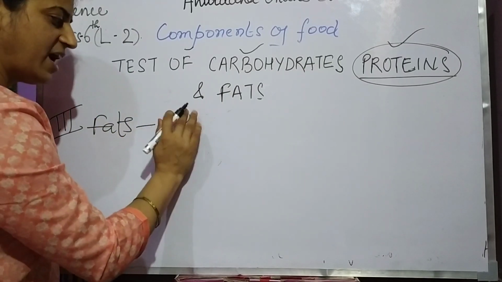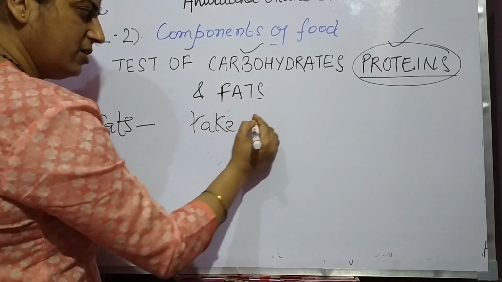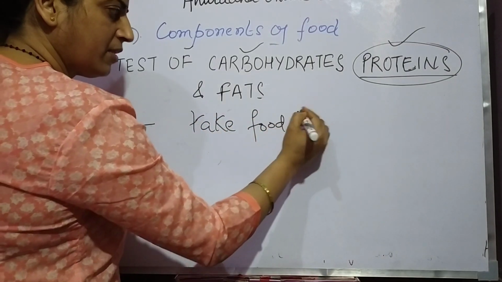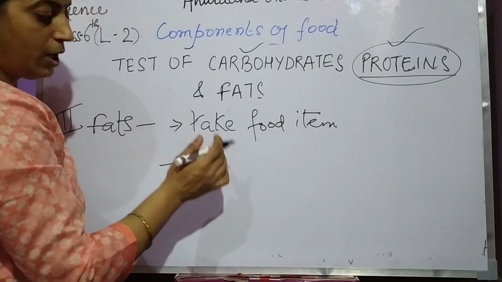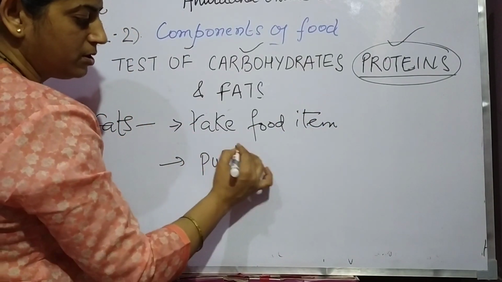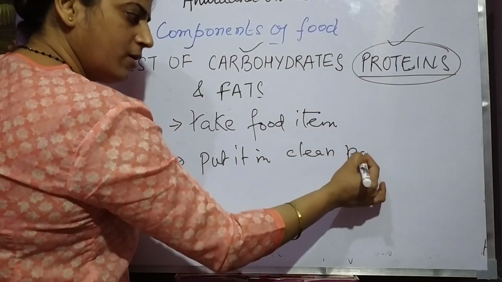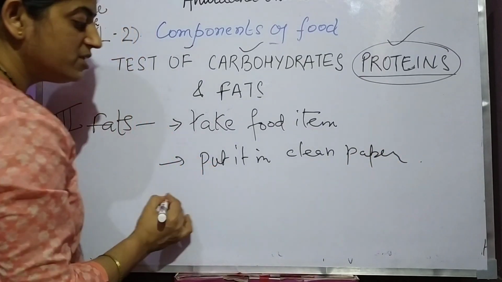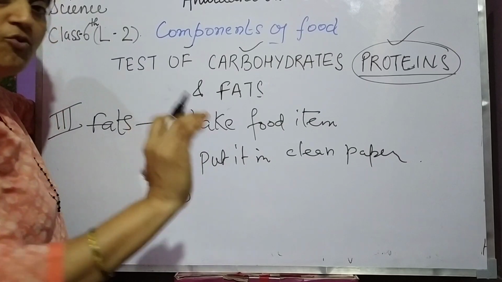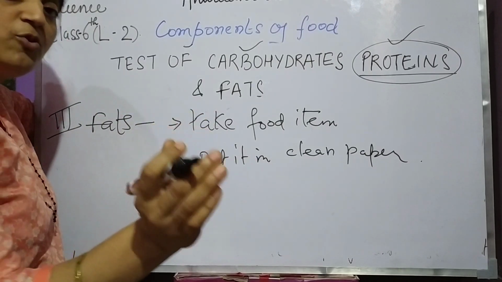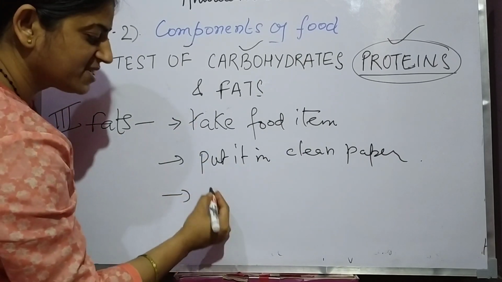Firstly, you have to take the food item. Then the first step is this. Then put it on clean paper. Okay. What you will see after some time, when you remove the food item and take out that paper, what you will see?